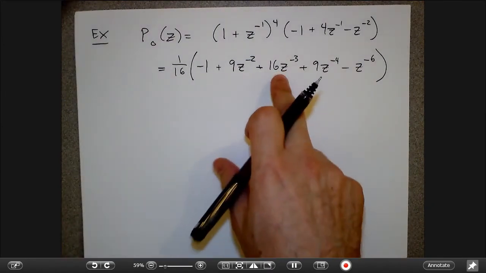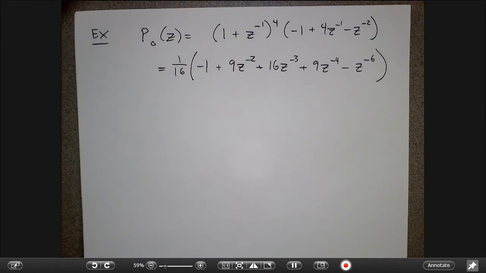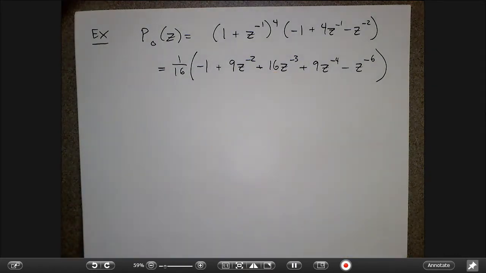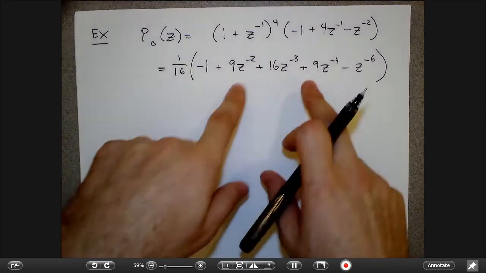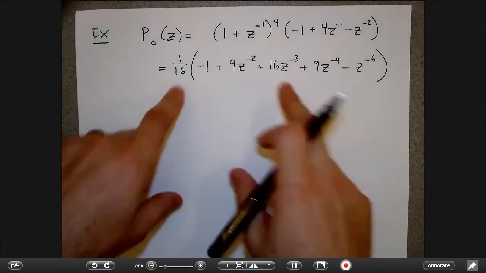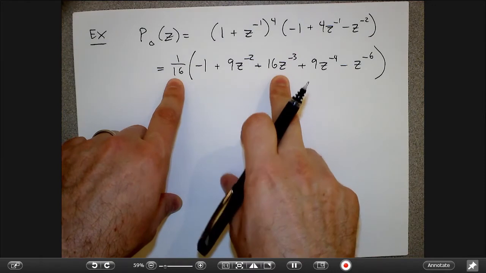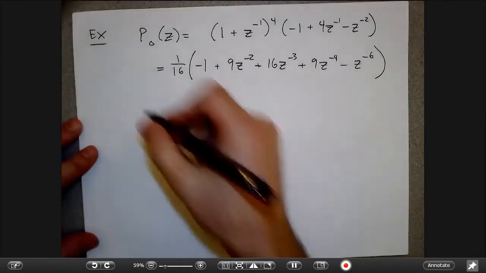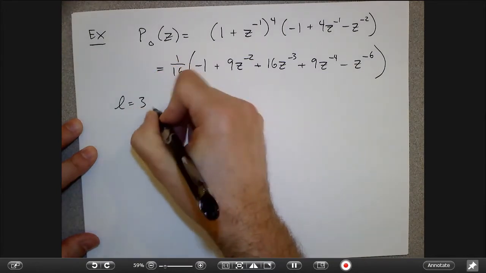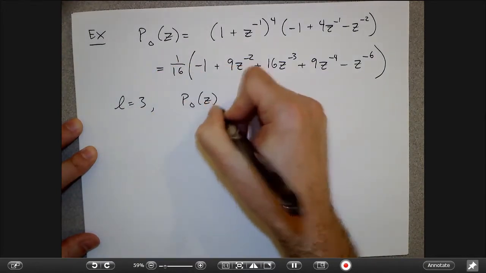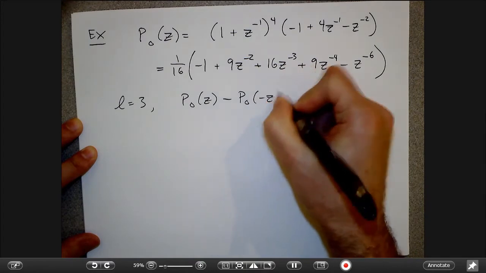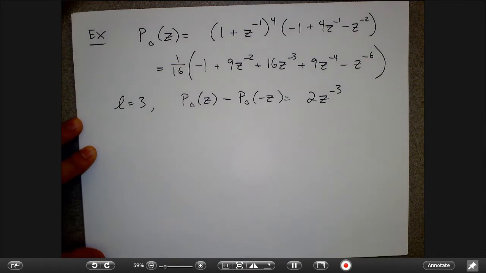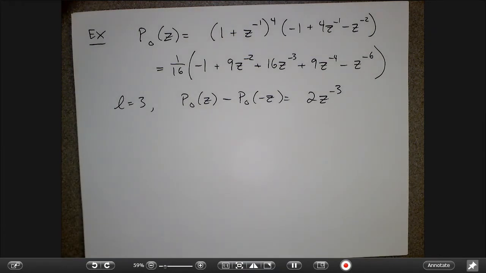It only has one non-zero odd power of Z, the middle one. And then it's got zeros for all the other odd powers of Z, and I've chosen these other things kind of arbitrarily, and I made sure that the odd power of Z in the middle has weight of 1. And so here, basically this is like L equals 3, and I can show that this minus this equals 2Z like this, right? So I'd have a delay of 3 units in my system if I used this filter.